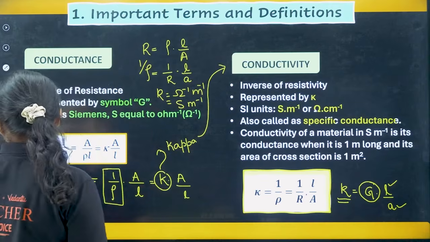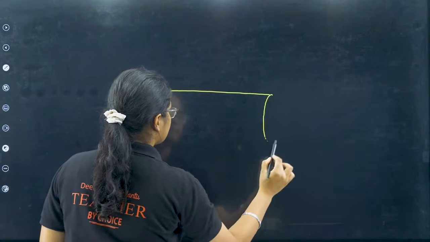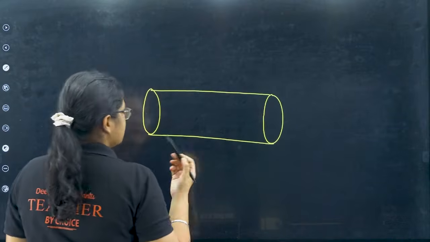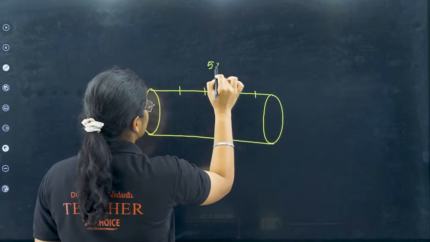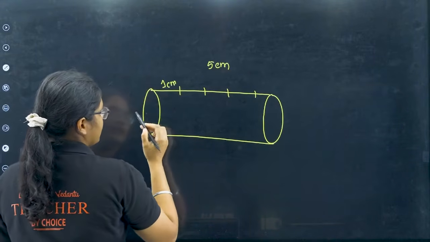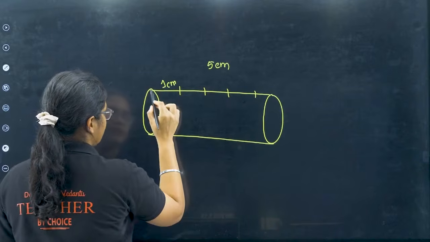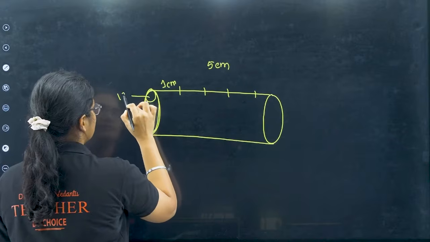Let's again understand this with a simple example. If this rod is there, and I'll take the same numbers, suppose the total length is 5 centimeter, and this much is 1 centimeter. This total area is suppose 5 centimeter square, and this much is suppose 1 centimeter square.